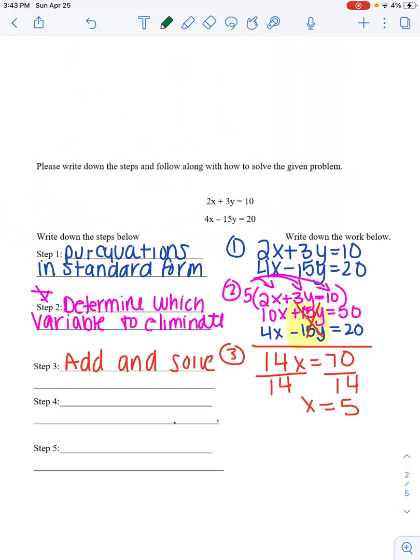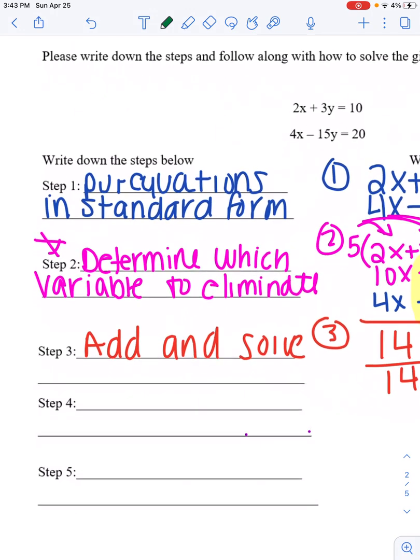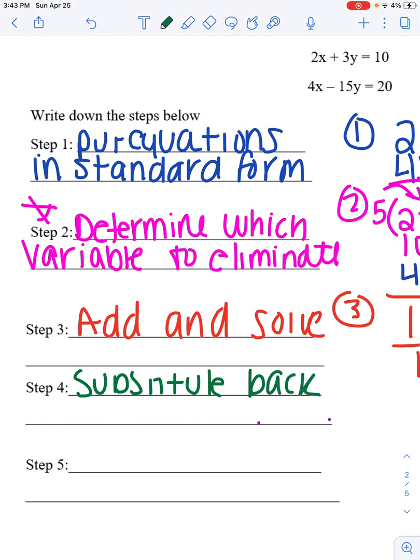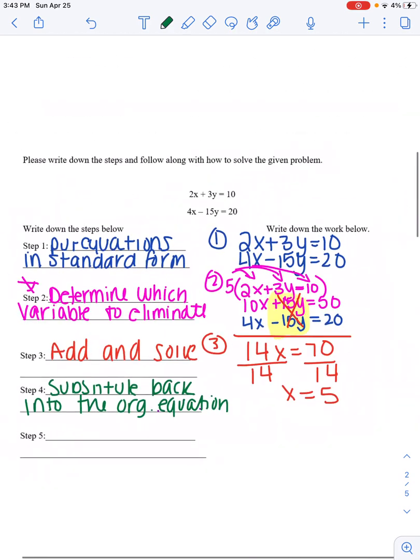Step 4. Again, pause me if I'm going too fast, okay? We're going to substitute back into the original equation. Not the equation that we got after we multiplied by 5, but one of the original equations.